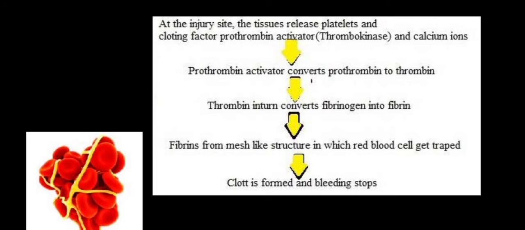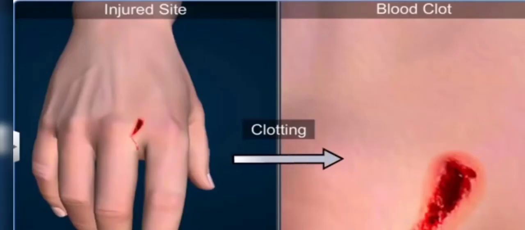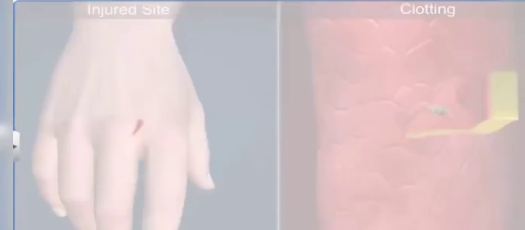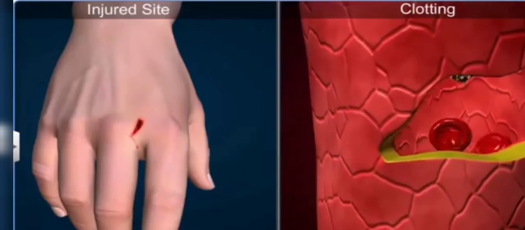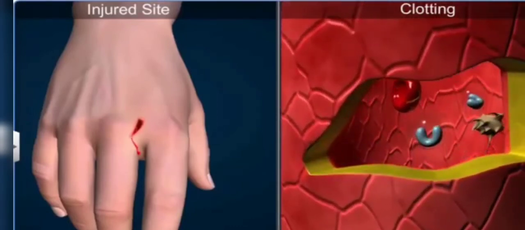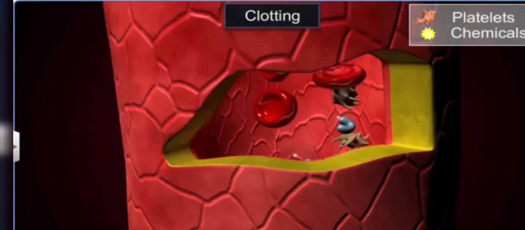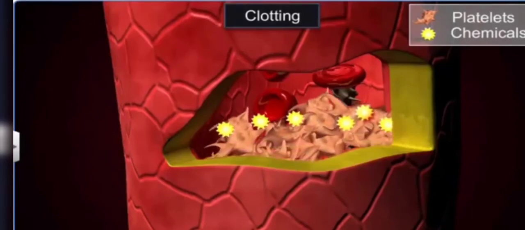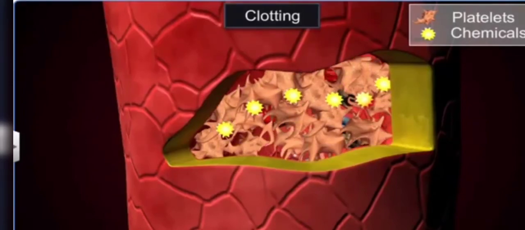Clotting takes place as a protective measure to prevent loss of blood at the site of injury. The injured blood vessel releases certain chemicals that begin to activate, and accumulation of platelets takes place at the injured site. The activated platelets in turn release other factors which are needed for clotting.